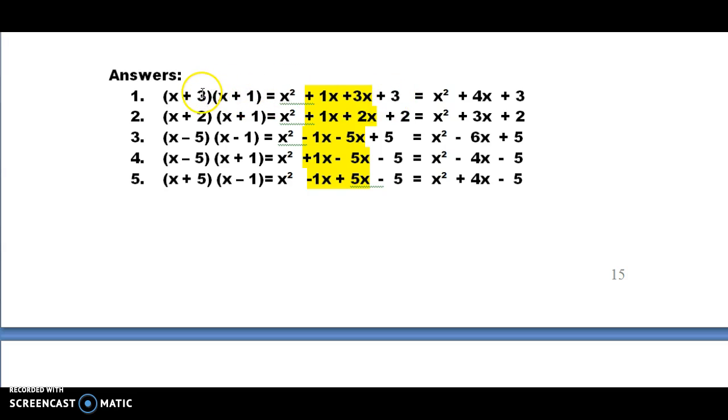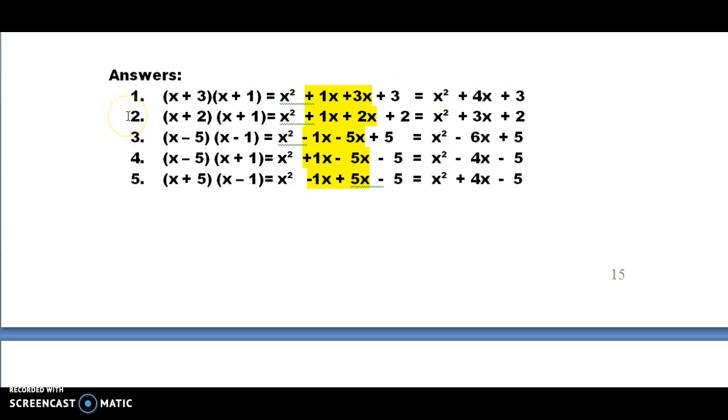And then the last term in this first group is 3. The last term in the second group is a 1, so 3 times 1 gives us a 3. And then what's typical, we can take the inner term and the outer term, and because they are alike, we can add those together, so 1x plus 3x gives us a 4x.